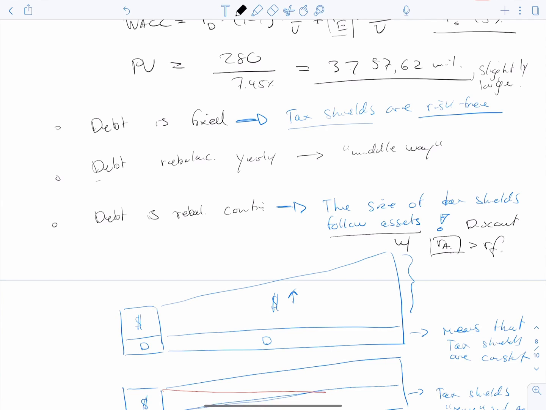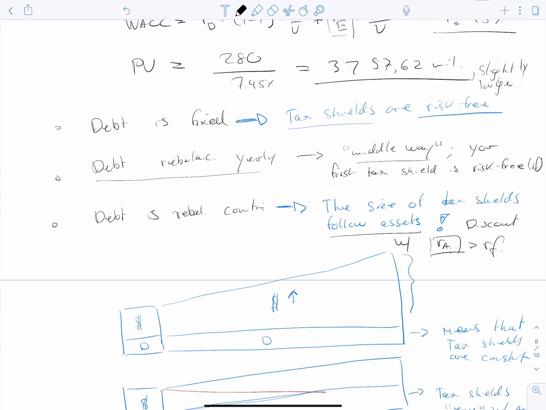But then I said, think of this as a middle way. The reason is that when you rebalance yearly, your first tax shield is risk-free, which means that we discount with RF, because by definition you're not going to rebalance the next year, so I know exactly what tax shield I get in 1 year from now.